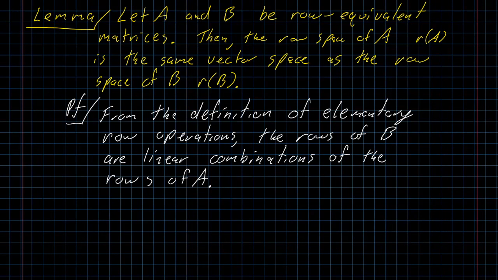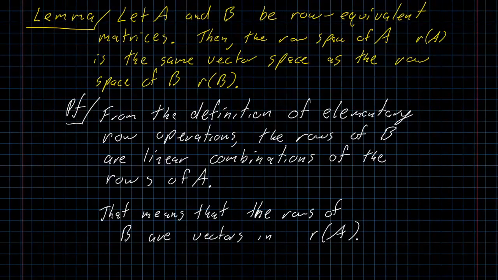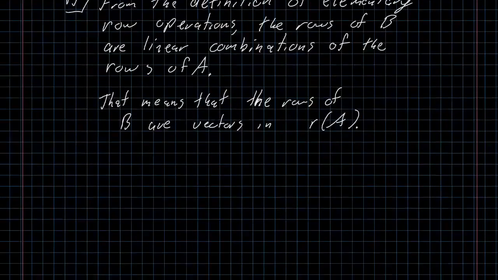So the rows of B are linear combinations of the rows of A, and another result from that, the rows of B must all be vectors in the row space of A. Remember, the row space of A is the span of the rows of A, the set of all of the linear combinations.